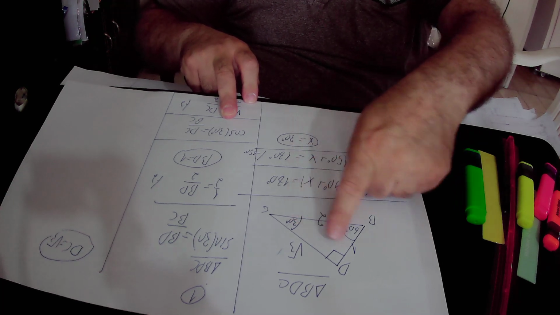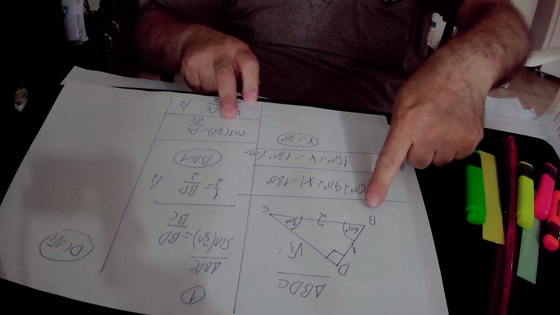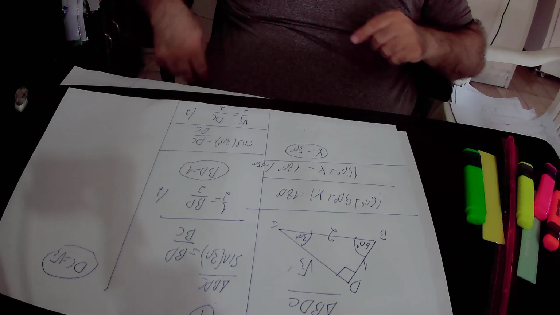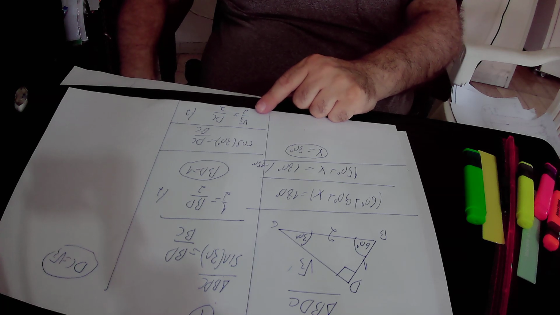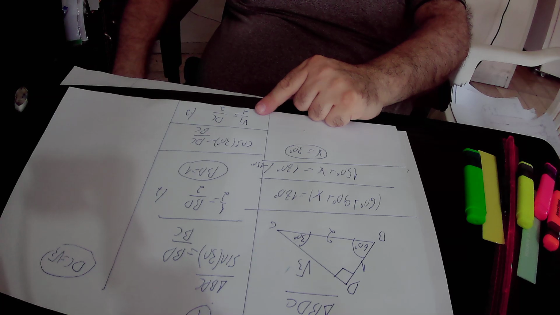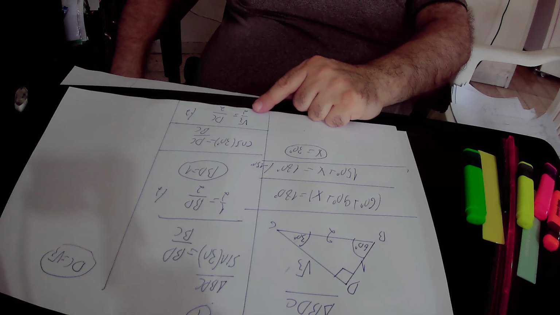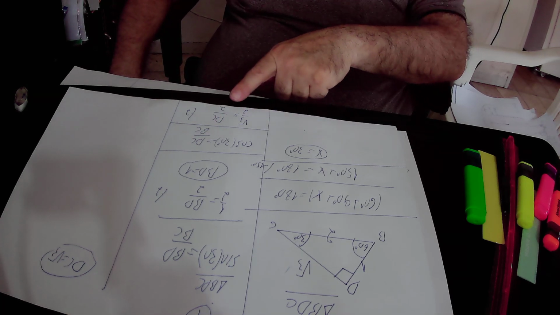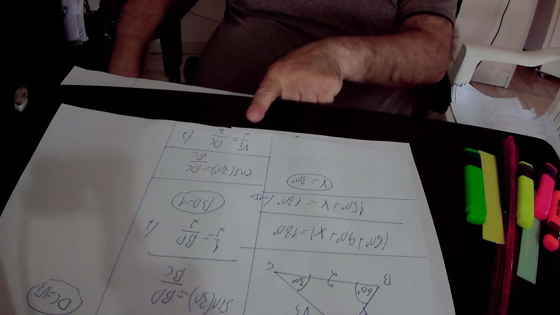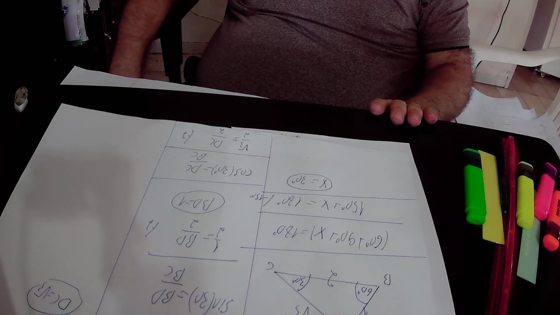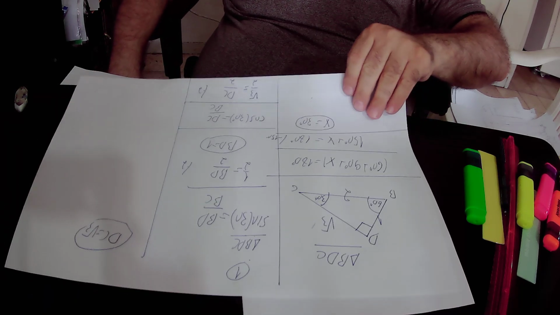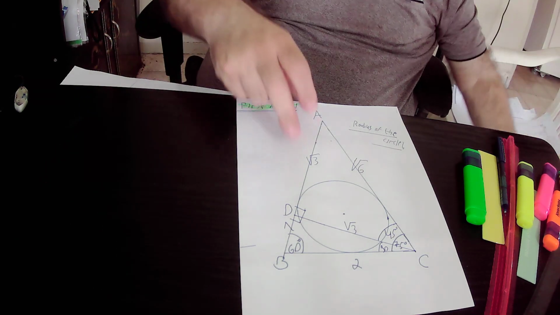Again, cosine 30 degrees equals DC over BC. BC is the hypotenuse. Okay, so cosine 30 degrees is square root of 3 over 2. We substituted cosine 30 degrees by square root of 3 over 2, and it is equal to DC over BC, but BC is 2, so we substitute BC by 2. So we got that square root of 3 over 2 equals DC over 2. We multiplied this equation by 2 and found that DC equals square root of 3.